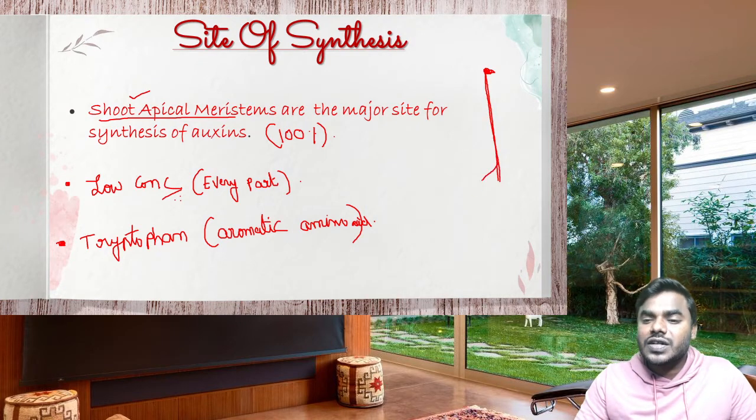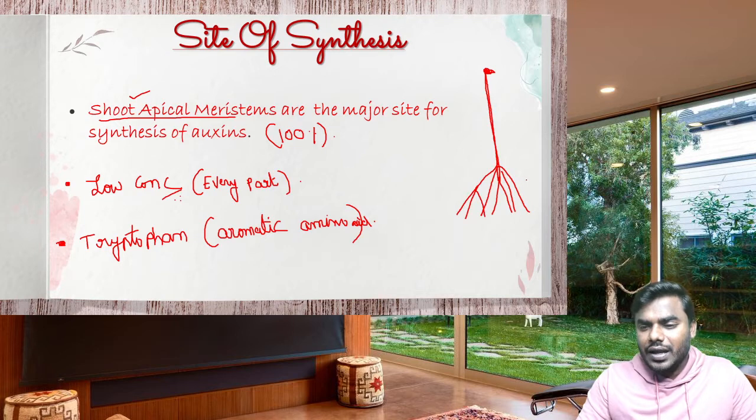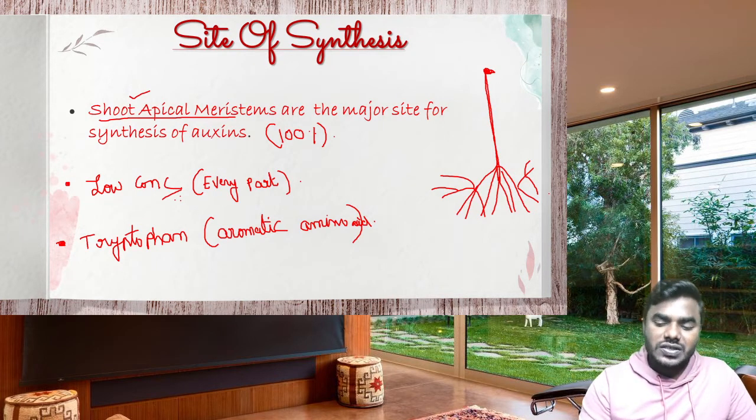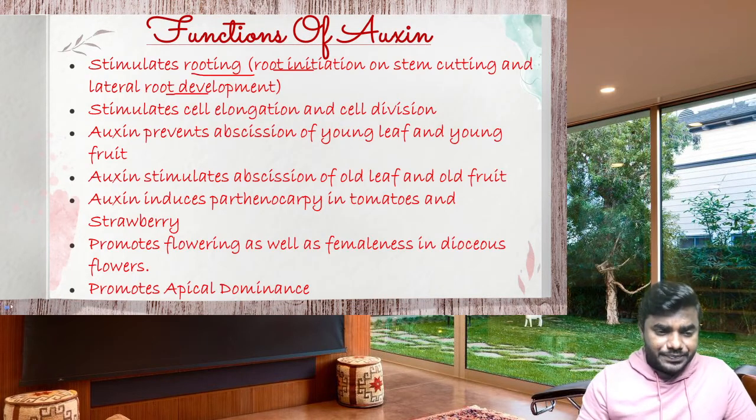Once auxin travels to the root, it causes the root to become elongated, which we call root elongation or lateral root development. Primary root, secondary root, tertiary root, terminal roots. These can all be formed by what, friends? Auxin. That's the first point.